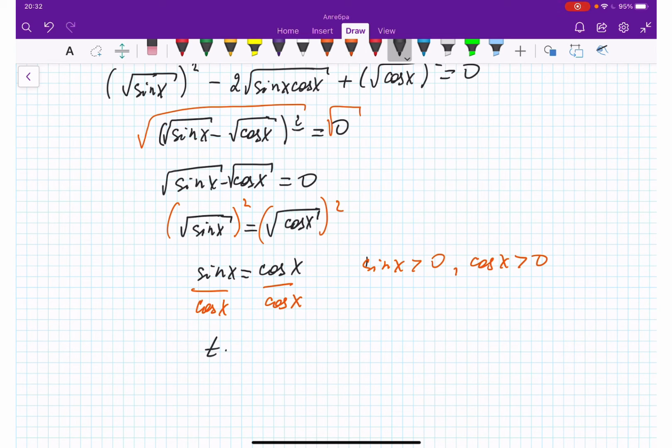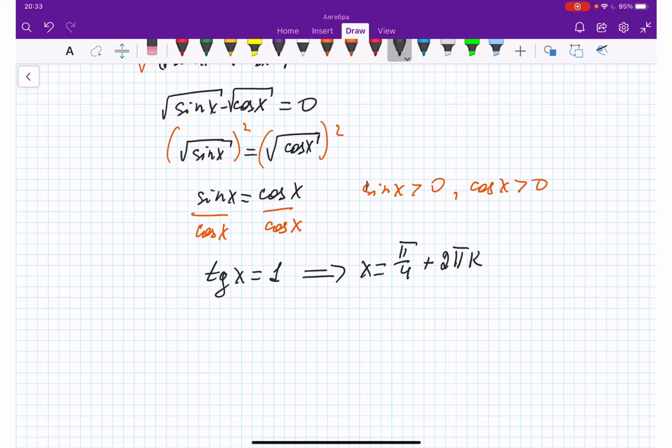Because I'm getting tangent x is equal to 1, where x is equal to a quarter of pi, and it's going to repeat every 2 pi k. So x equals pi over 4 plus 2 pi k, where k is an integer.